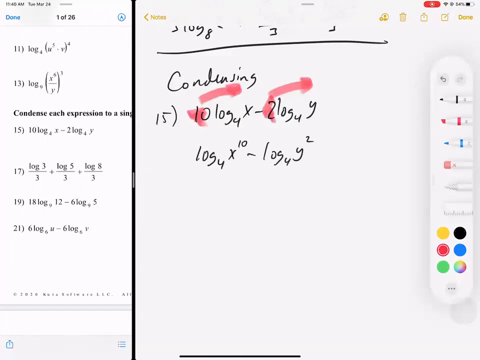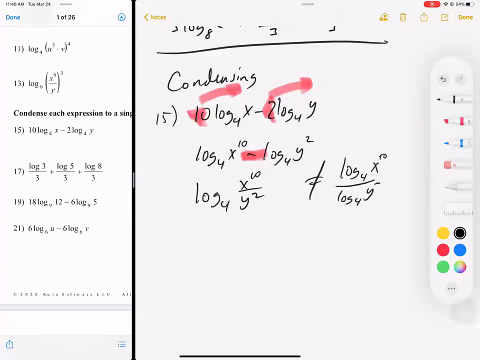And what happens if I'm subtracting logs? If I'm subtracting logs from each other, we write them as dividing. We're dividing on the inside, okay? So it's log base 4 of x to the 10 over y squared. This is not log base 4 of x to the 10 over log base 4 of y squared.